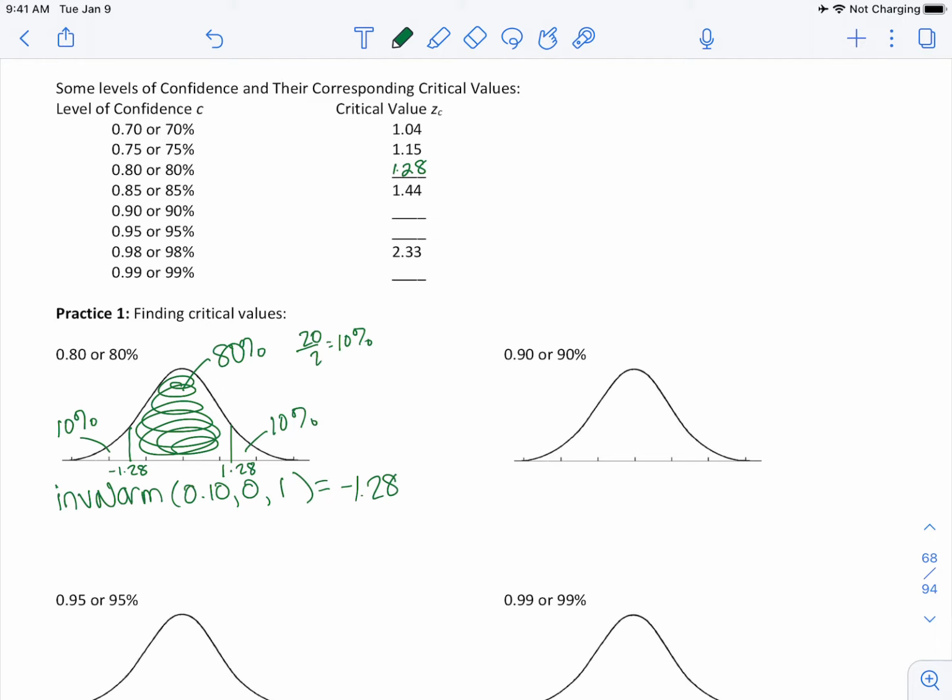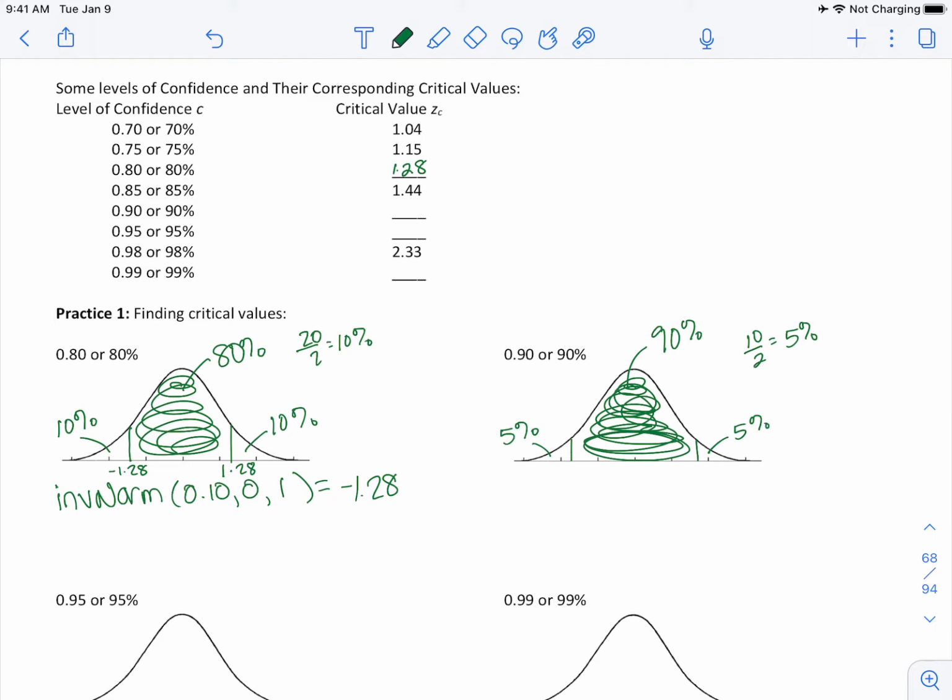For 85%, it's 1.44. Let's do 90% together. So 90%, we're getting closer here to filling our area under that curve. So here's 90%. Again, there's 10% left over, divided by 2. We know we have 5% on each side.